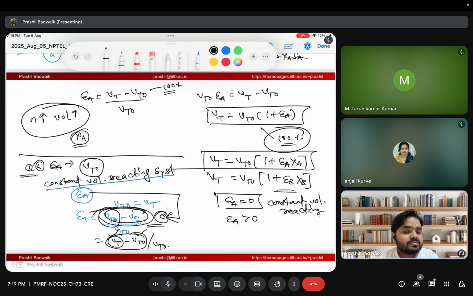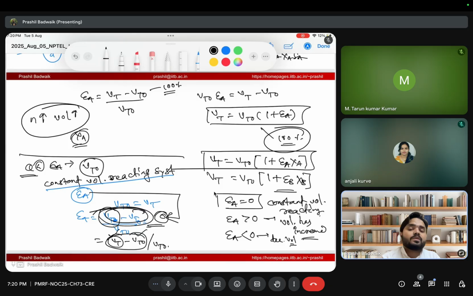So whenever somebody is asking you if epsilon A is greater than 0, that means it is representing that volume has increased, and hence epsilon A less than 0 means a decrease in volume. That tells you what? Compression. So this is the question that may come, right?